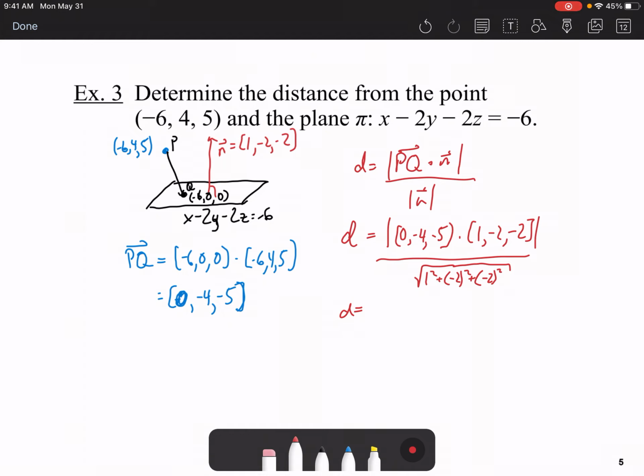So this works out to be 8 plus 10, which is 18 in the numerator.